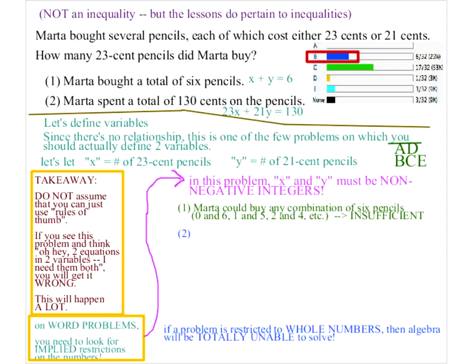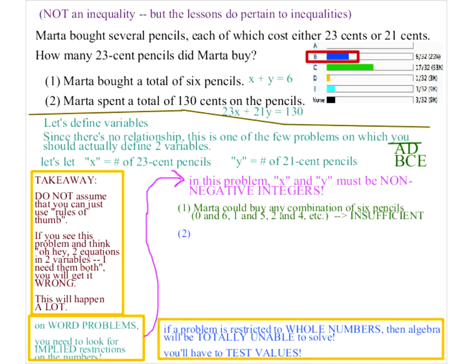You'll have to test values. There's no such thing as algebra that differentiates between whole numbers and non-whole numbers. So this is an example of a problem that you just literally won't be able to do with algebra. It's not going to work.